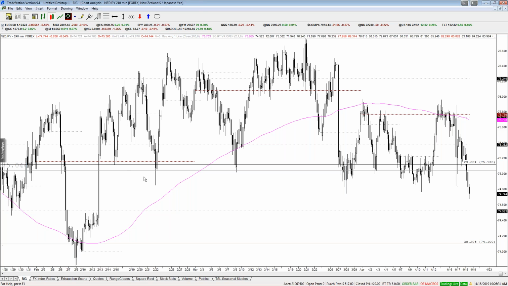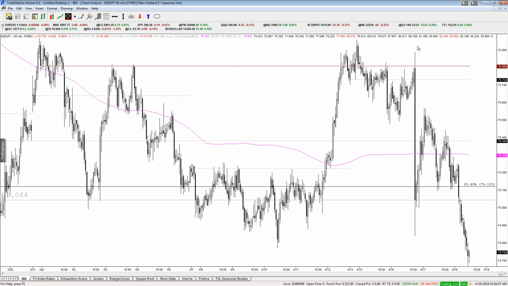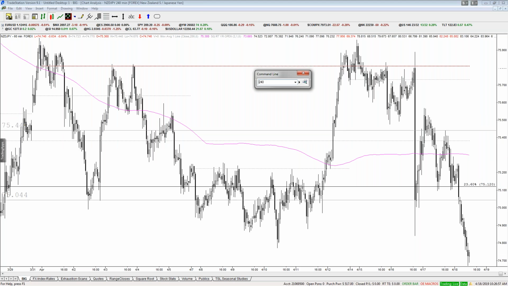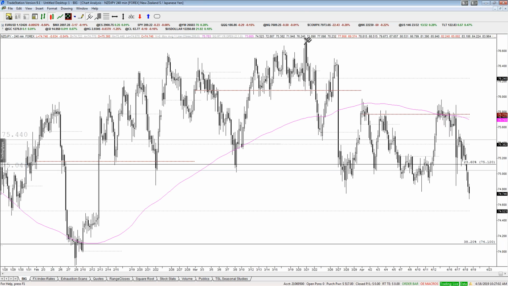What we're looking at there is just these old lows. And much like Kiwi dollar, it's also the CPI bar, right? And that level's right there at 75.04. So this would be where I'd pay attention to for resistance in Kiwi yen. And you would be looking at stops above 75.44 should be sufficient to get yourself a decent reward to risk.